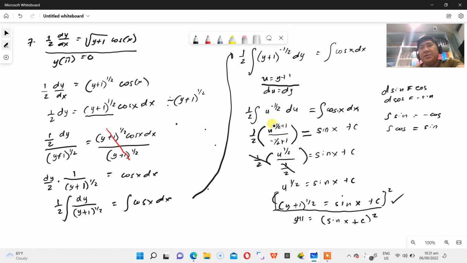Okay, both sides. Then after that, y is equivalent to sine x plus c squared minus 1.